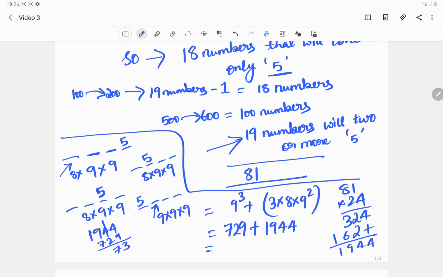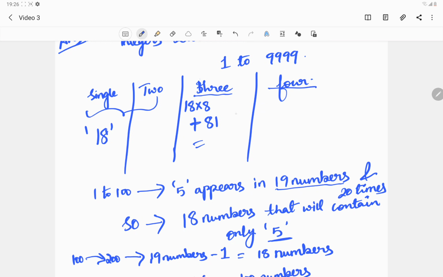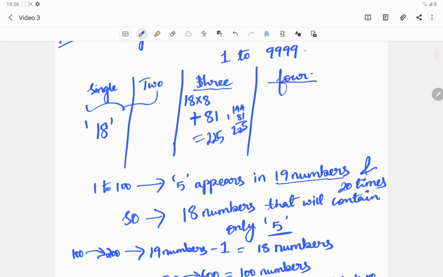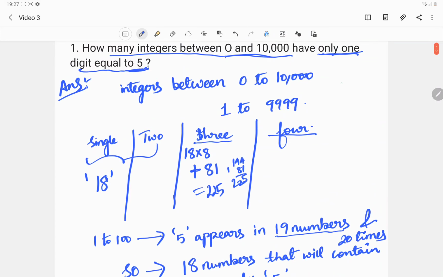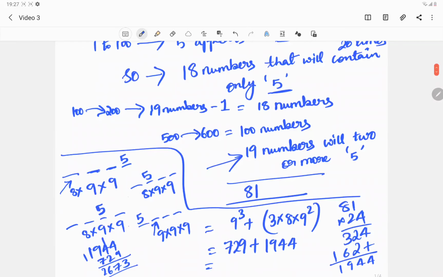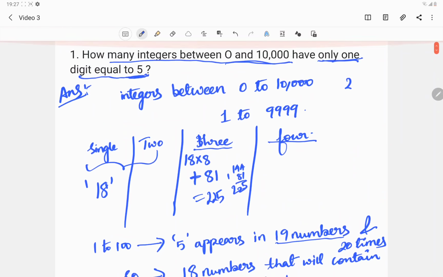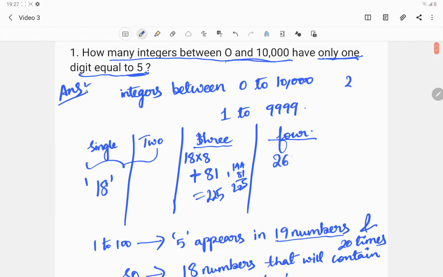So here we have 2673 for the 4-digit numbers, and here we will have 144 plus 81, it is 225, and 18. So total will be 2673 plus 225 and then add 18.